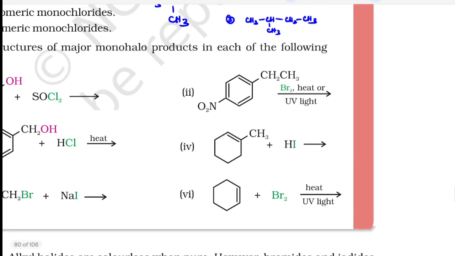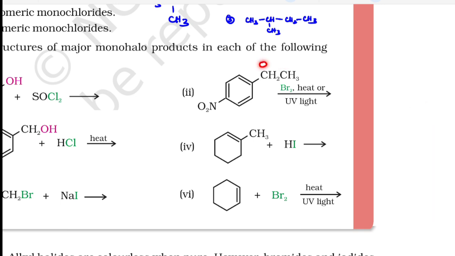Second, the reactant is given with bromine in the presence of UV light. Whenever bromine is there in the presence of UV light, it is a free radical mechanism. So if it is a free radical mechanism, don't touch the double bond. Here, in the side chain, see which will form a stable free radical. You know that a tertiary free radical is more stable than secondary, which is more stable than a primary free radical. Here, if I form a free radical, this is primary.